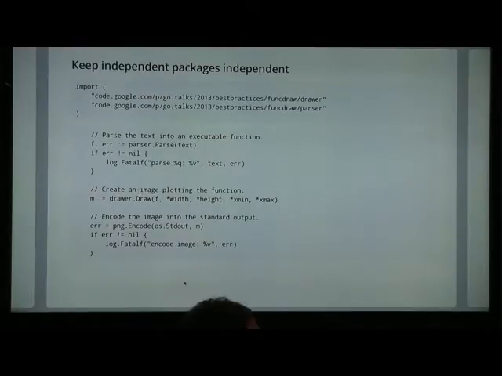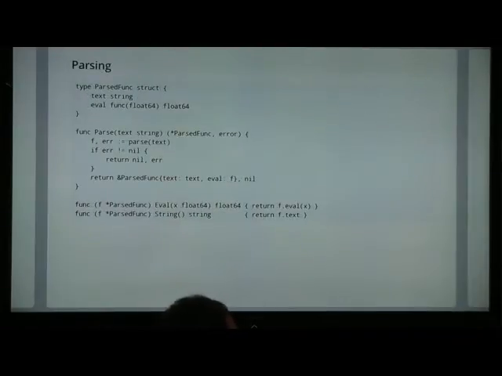And if you come from other languages, especially Java or C++, this is the first thing that you think about: the drawer has to depend on it because it gets a parameter of that type. So let's see our parsing. There's this parse func that has the text and then an eval function, which is the one that you can call to get, for a value of x, what's the value of y?